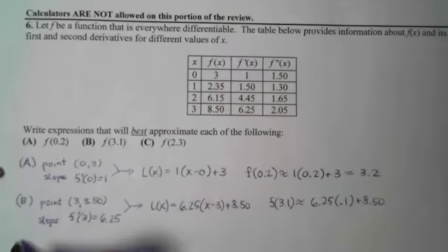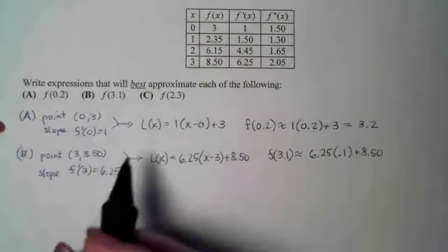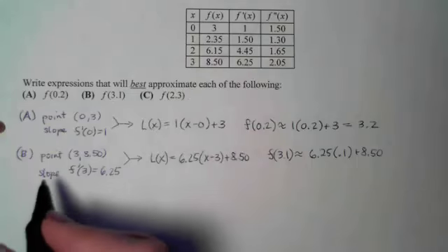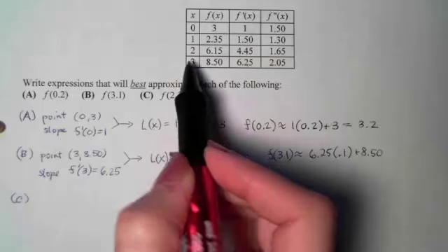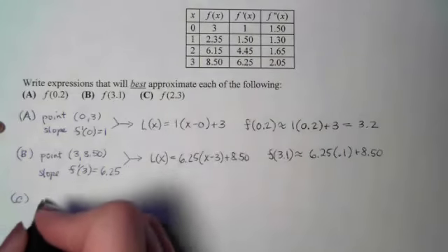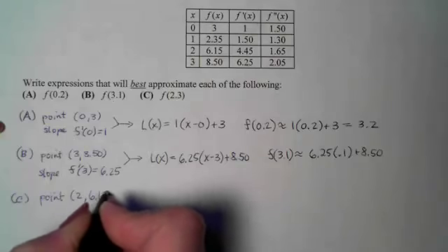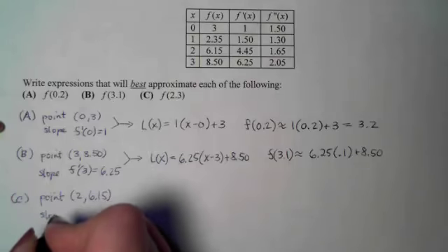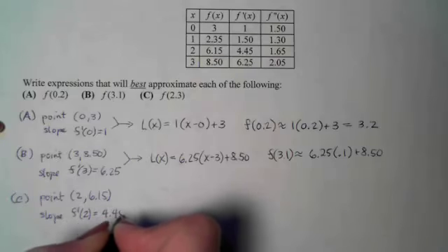Last one, C. We're using the same chart of data, only we're looking for points that are close to 2.3. So on C, again, the point in this list that's closest to 2.3 is the 2. So the point I will use is 2, 6.15, and the slope that goes with it, f prime of 2, is going to be 4.45.